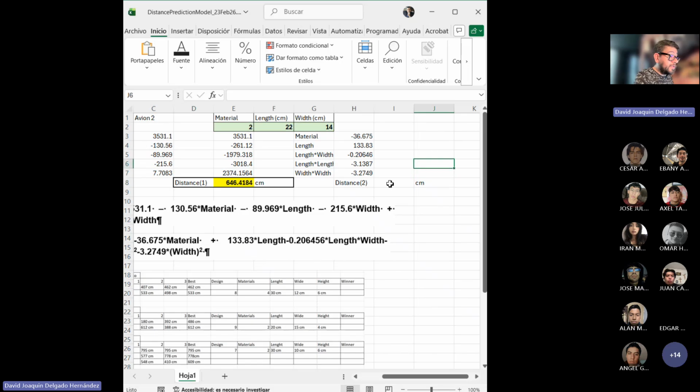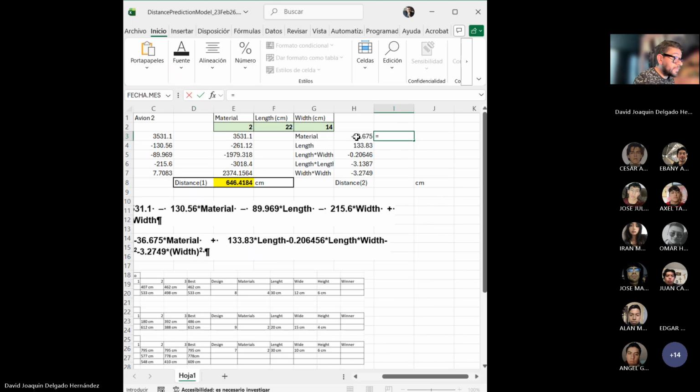Okay, so first I will have to multiply this coefficient minus 36 times the material, which is 2, and then I will put this equals this coefficient times the material. Okay.